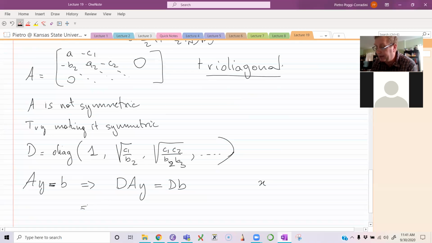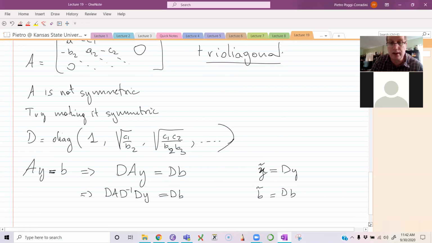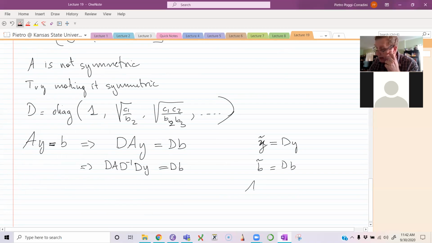Basically I'm going to write this as D A D inverse D y. So y tilde is going to be Dy, and A tilde is D A D inverse.